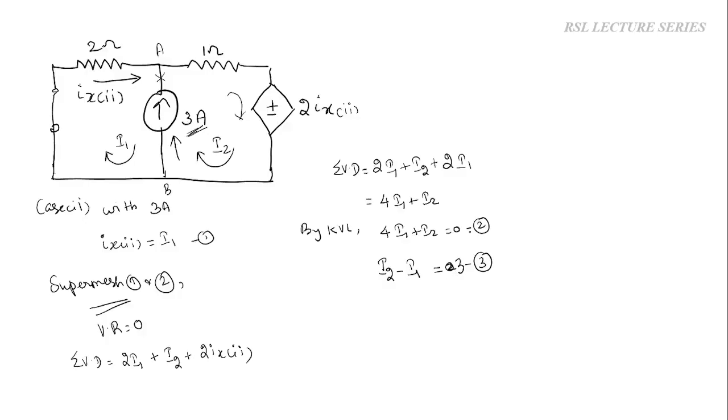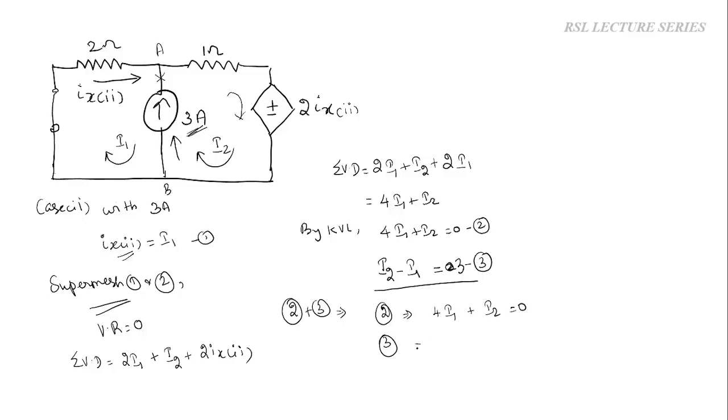Now we will combine these two equations. We can use equations 2 and 3 and find out I1, because I1 is nothing but Ix suffix 2. So we'll rearrange this equation. First I'll write the second equation: 4I1 plus I2 equal to 0.